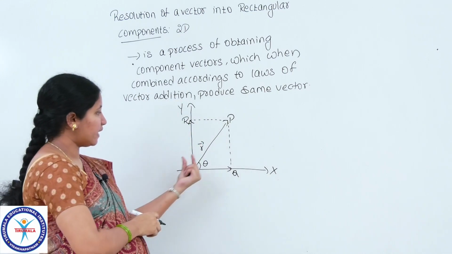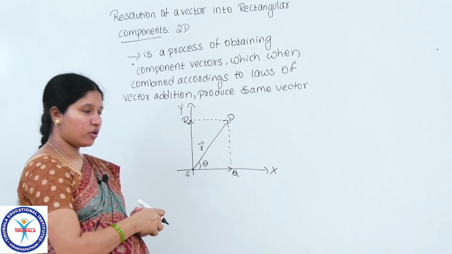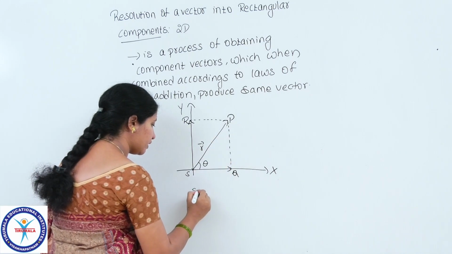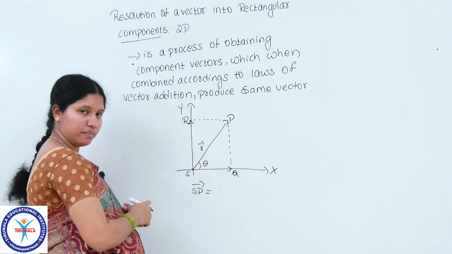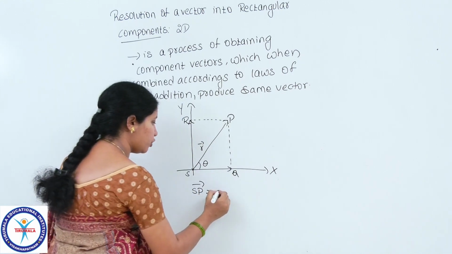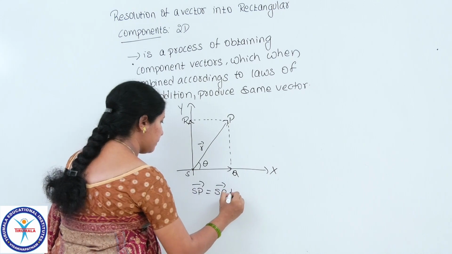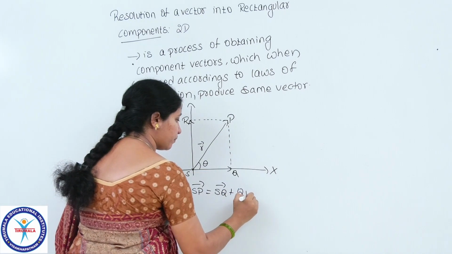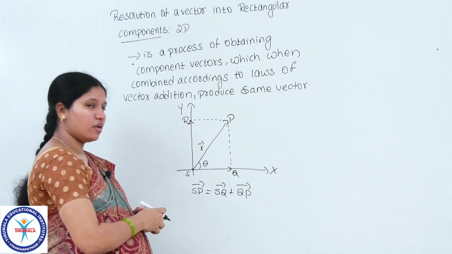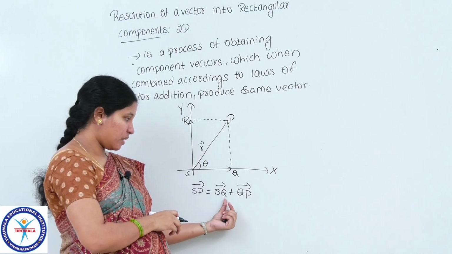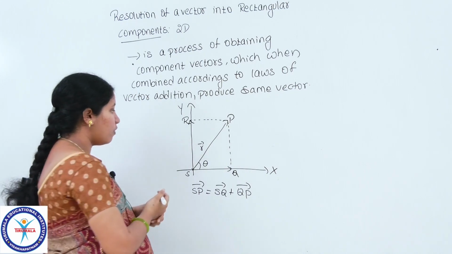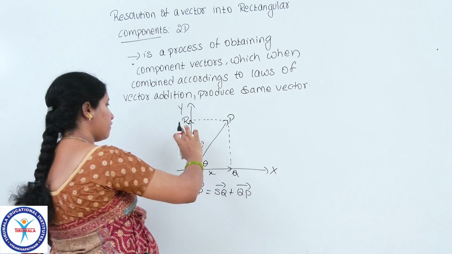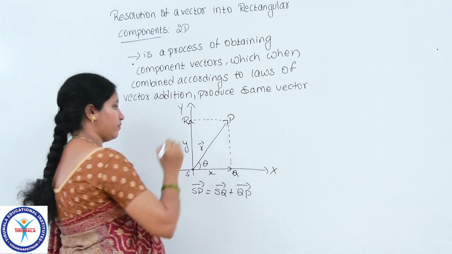Now we can write r bar by using parallelogram law of addition, such that r bar is denoted by SP bar, equal to SQ bar plus SR bar, or we can also write QP bar. So, SP bar is equal to SQ bar plus QP bar, and the length of SQ bar is x and the length of SR bar is y.